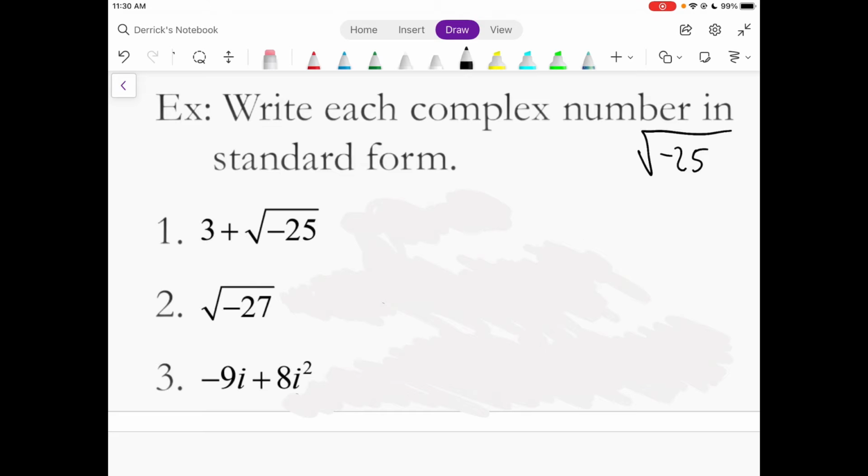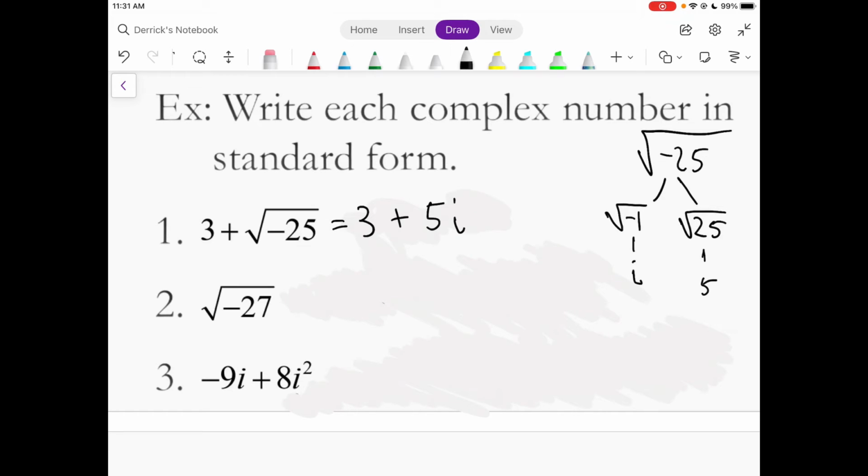But as we already discussed in this lesson, we can use our first step to split this up into the square root of negative 1 and the square root of positive 25. Now, we know the square root of negative 1 is just i, and we can actually do the square root of positive 25, which we know to simply be 5. So we can rewrite this problem as 3 plus 5i.